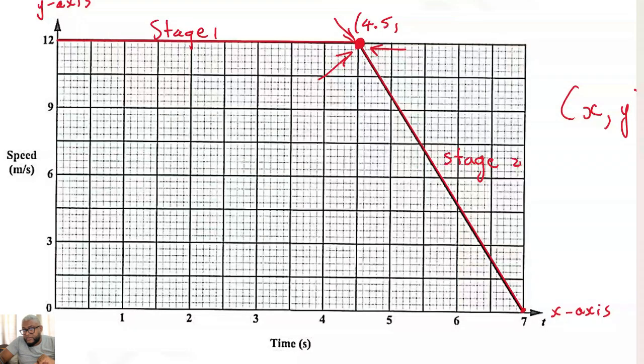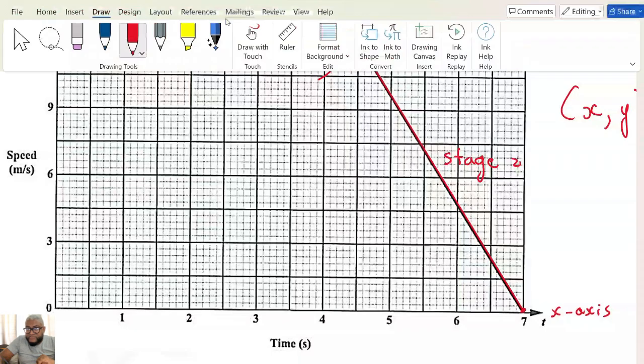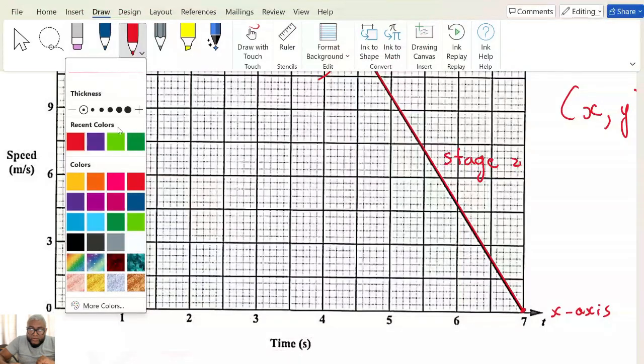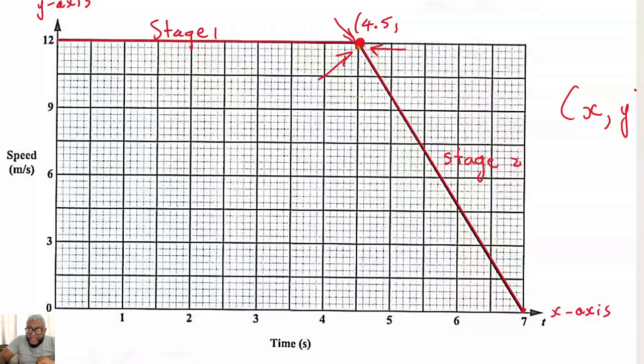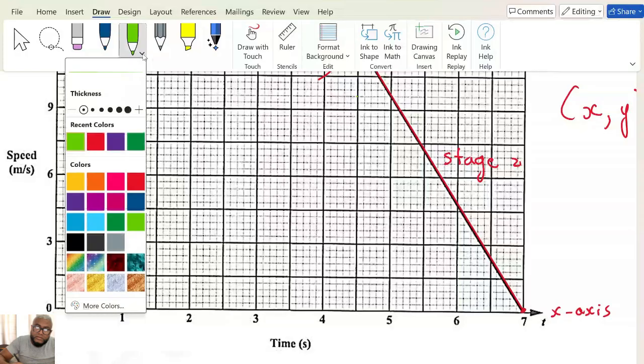So you tell me the x-axis value. I'm going to use a different color. You tell me the x-axis value is here, between 4 and 5. What is the y-axis value for that point now, Tristan? Oh, the y-axis would be 5.